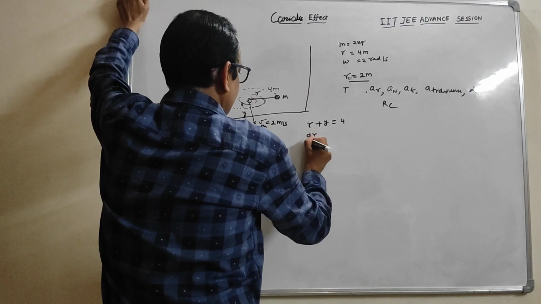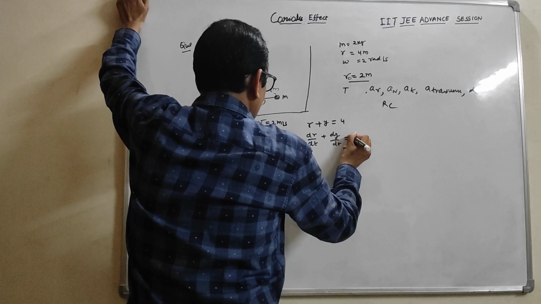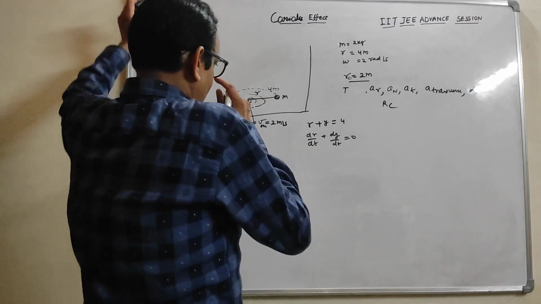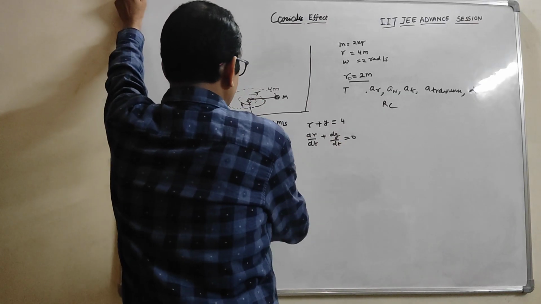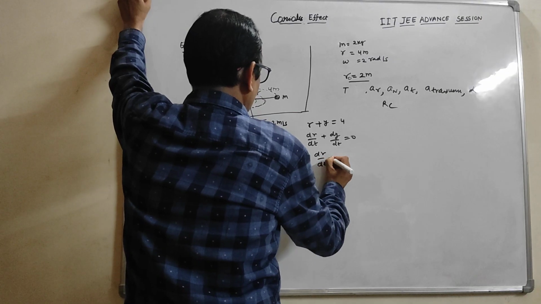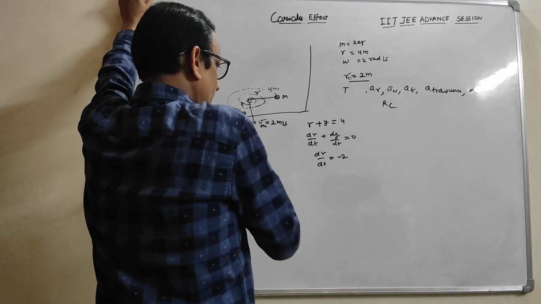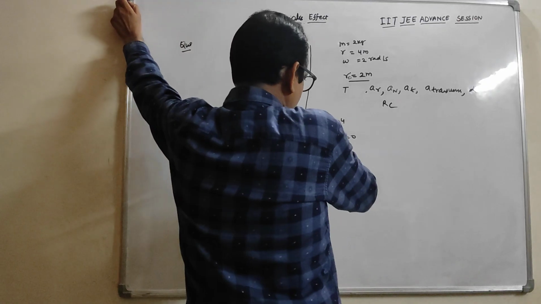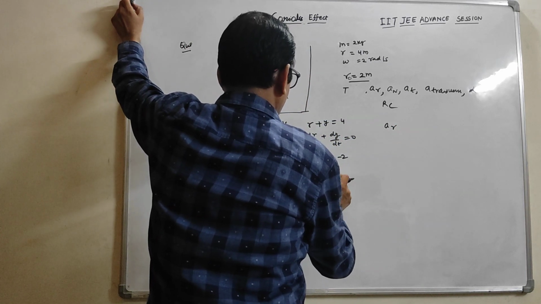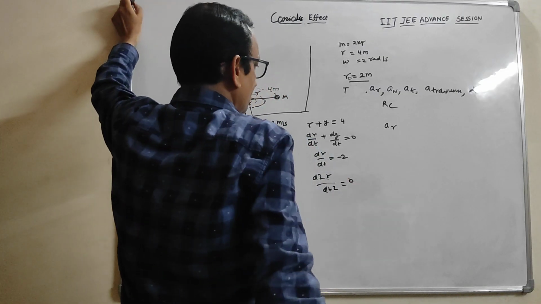Differentiate with respect to time, this would be dr by dt plus dy by dt equals 0. dy by dt is the velocity of the thread, so dr by dt would be minus 2. So d2y by dt square would be 0.